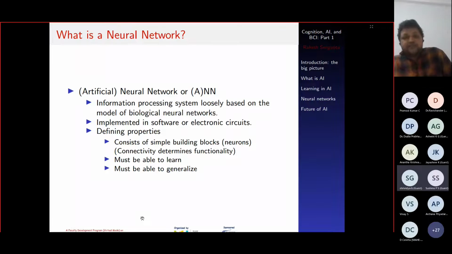So artificial neural network systems are information processing systems loosely based on the model of biological neural networks. They're implemented in software or electronic circuits, and their defining properties are that they consist of simple building blocks, neurons, which must be able to learn, and they must be able to generalize.